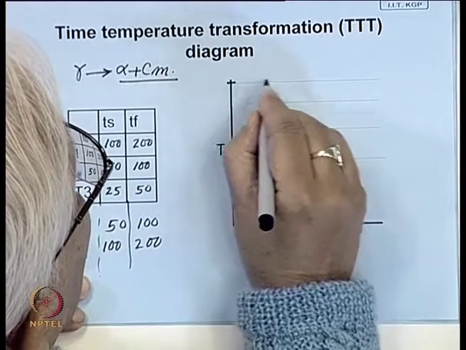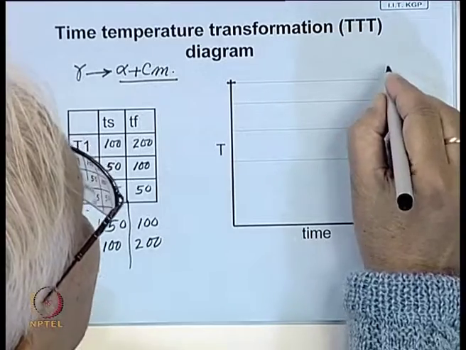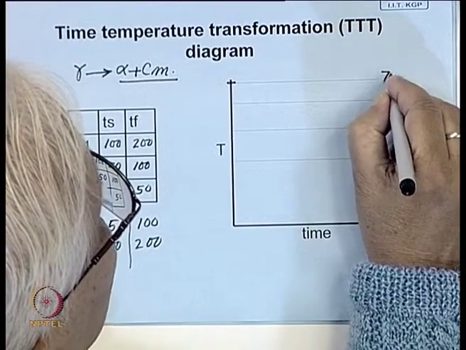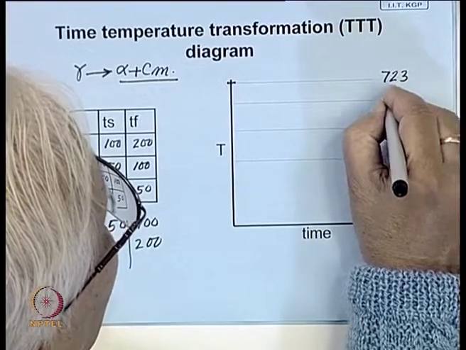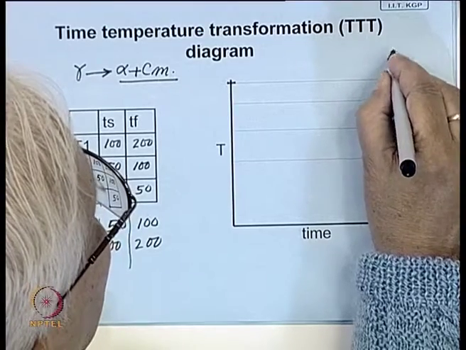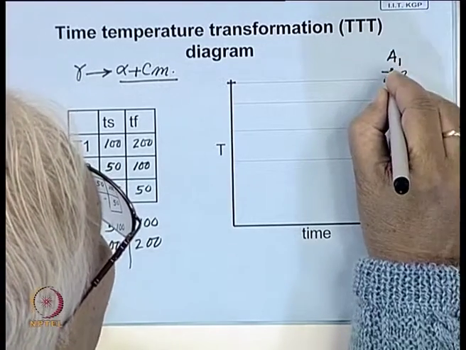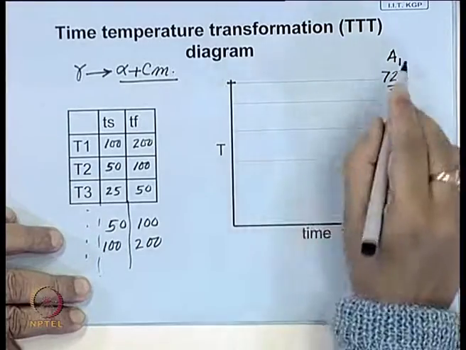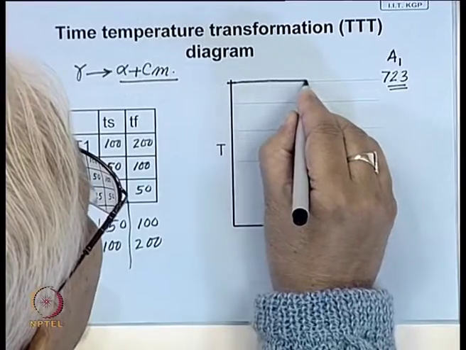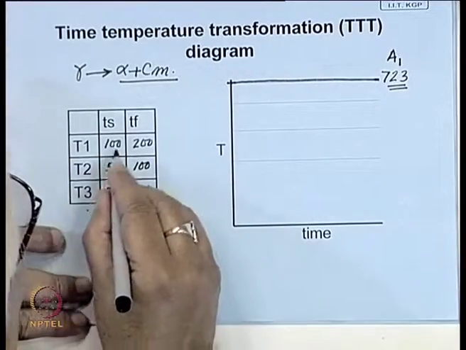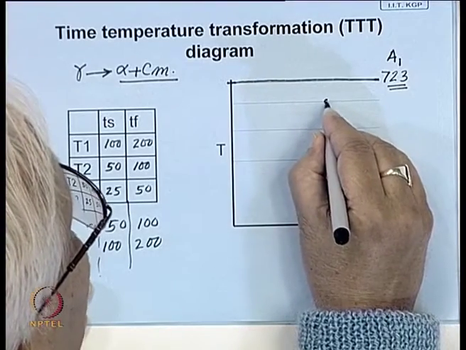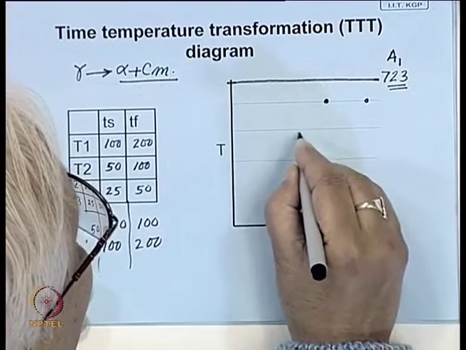Now, here let us say this temperature is the eutectoid temperature, that is let us say 723, and in the phase diagram this is also represented as a temperature called the A1 temperature, critical temperature A1. Now, let us say this is the temperature here. Now, at let us say 700, let us draw, this is the start, this is the finish point.